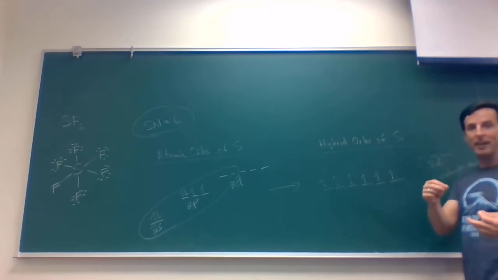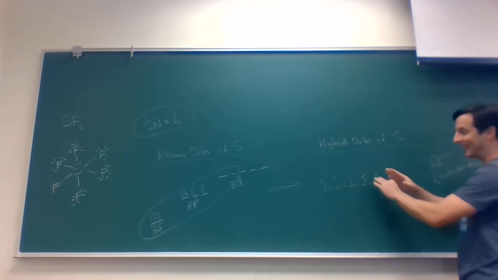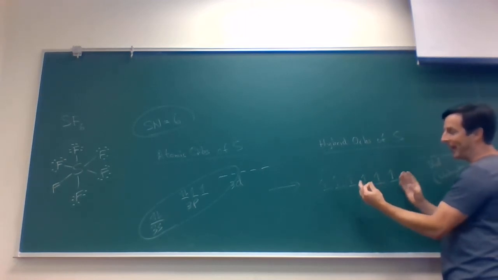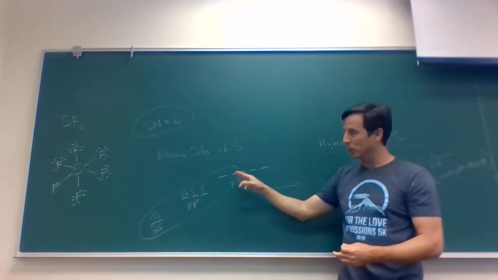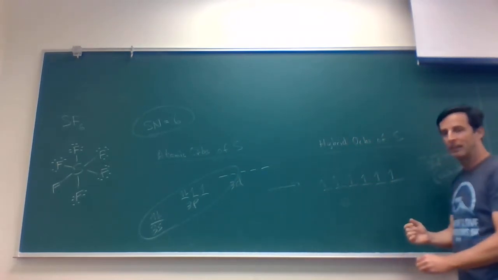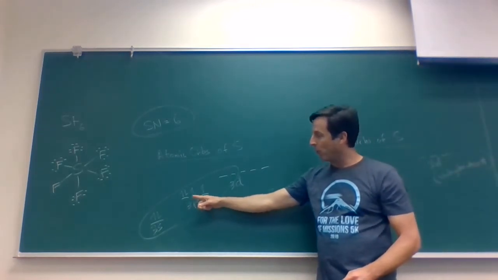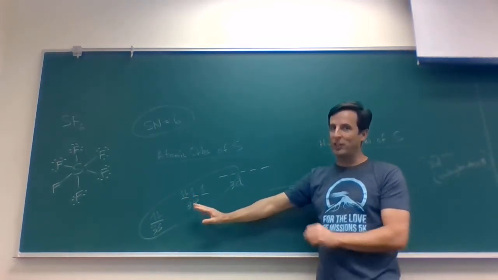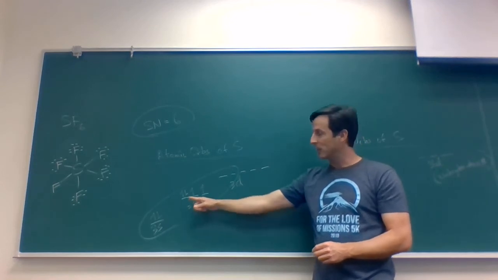That's the shape that I get when I have 6 groups. That's the electron geometry. Now, last thing, I didn't name these orbitals. The name comes from what I used. I used an S, so I put an S. I used all 3 of the p orbitals, not the shell, but how many. I used 3 of them.